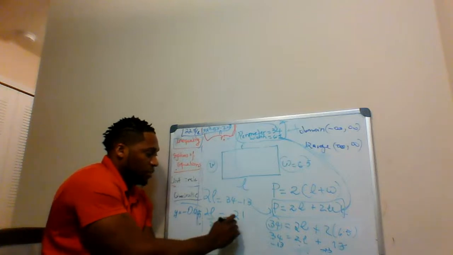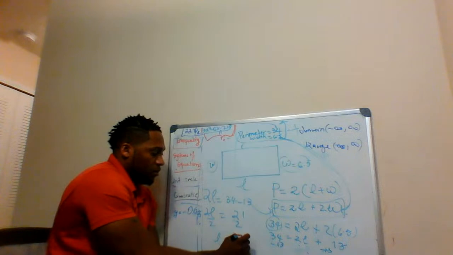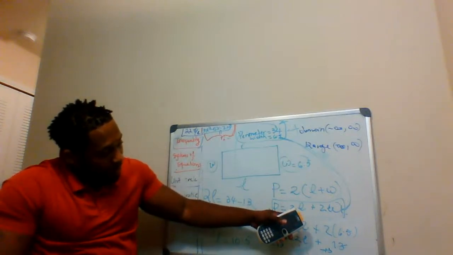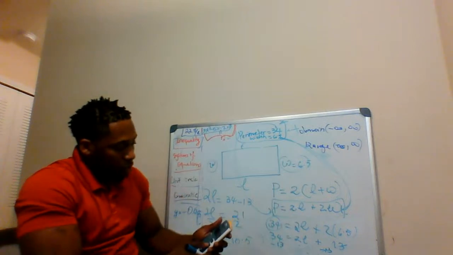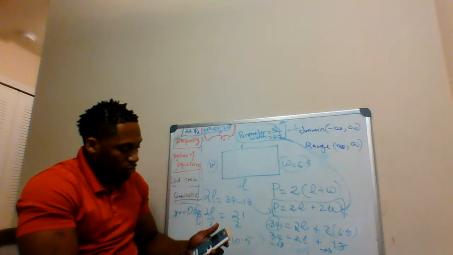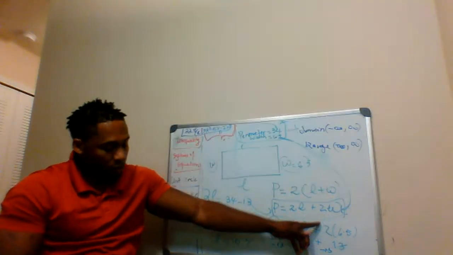I divide both sides by 2. L is equal to 10.5, right? And if you want to verify, say 2 times 10.5 plus 2 times 6.5. That should give you 34.